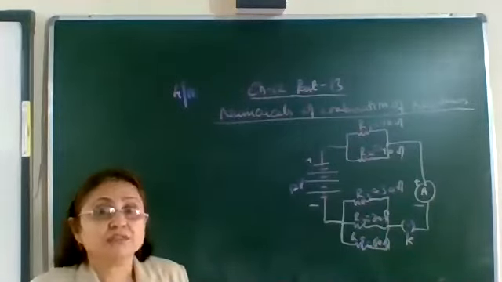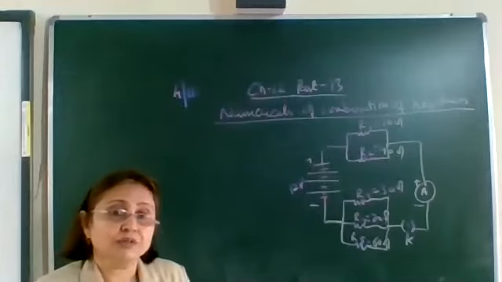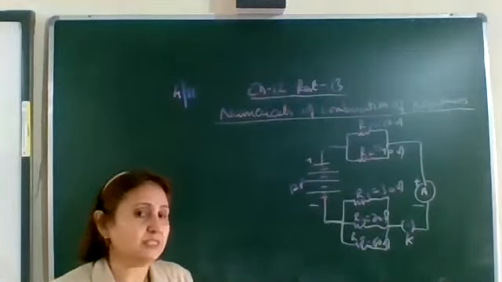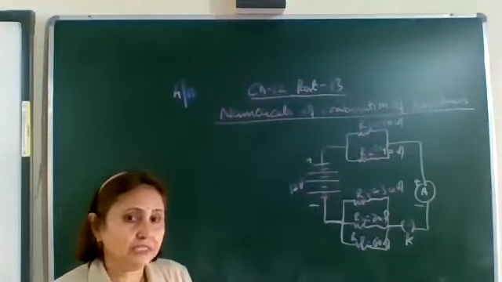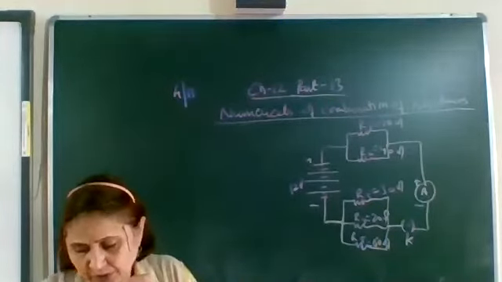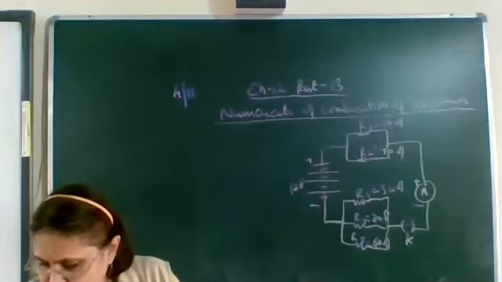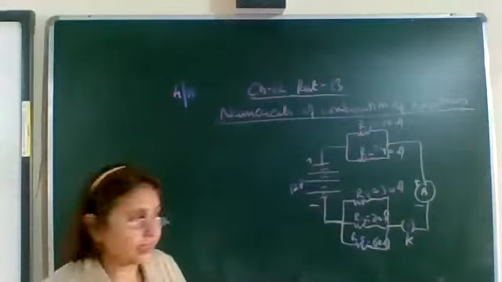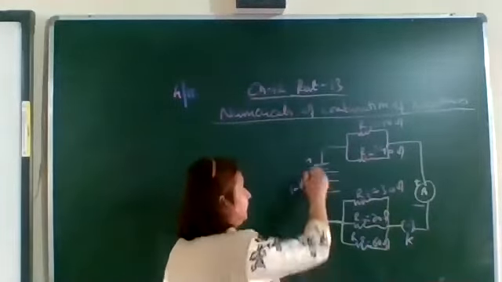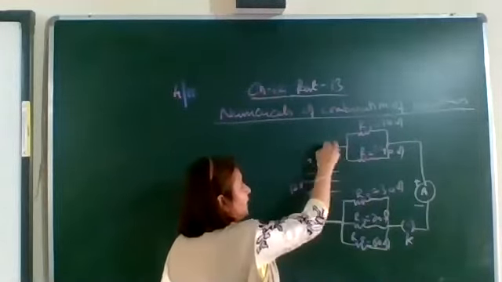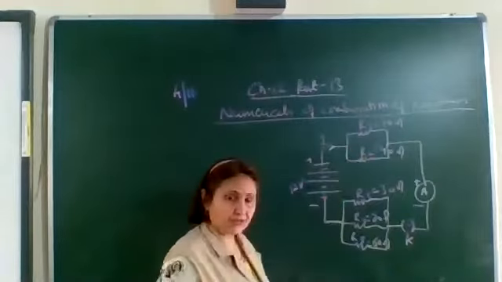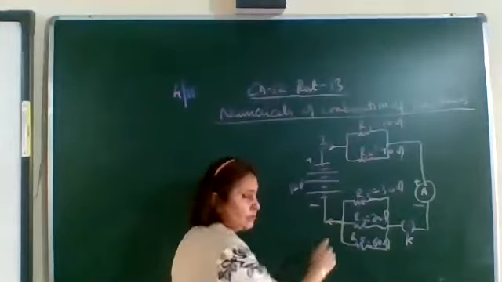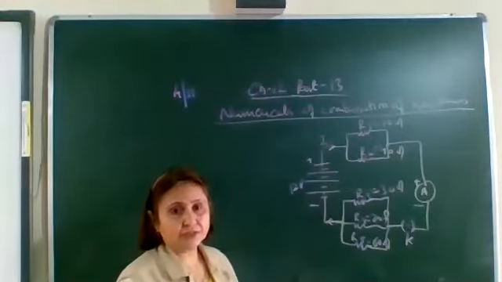Now see here. It is not a purely parallel combination or a purely series combination. It is a mixture of it. Here we see that the current from here will be divided into 2 branches, and this current entering the negative is also coming from 3 branches.